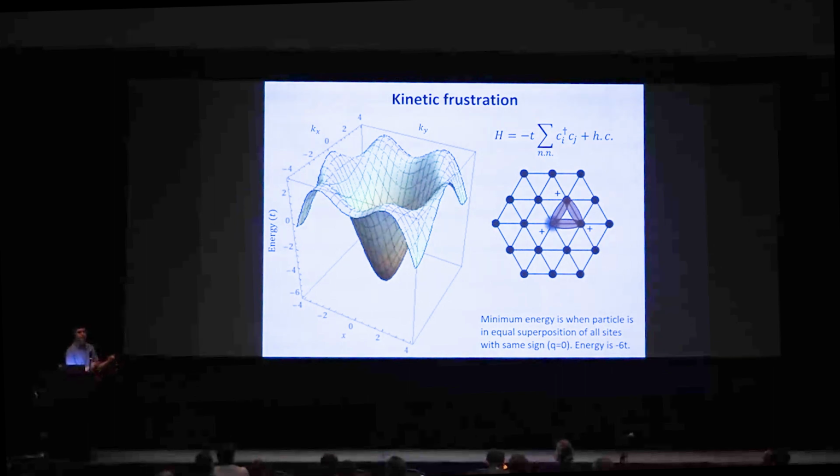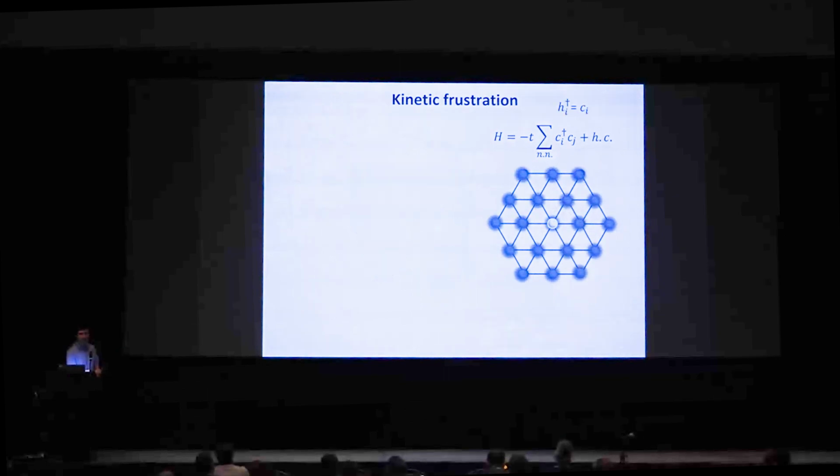Now let's look at the complementary situation. What happens if instead of a particle, we look at a hole in the system? Of course, for a hole, we need a background. So I'm going to choose a spin polarized background, which I'll loosely call the ferromagnetic background. So all the spins are pointing the same way. Now, it makes more sense here, instead of using these fermionic operators, to express this in terms of hole operators.